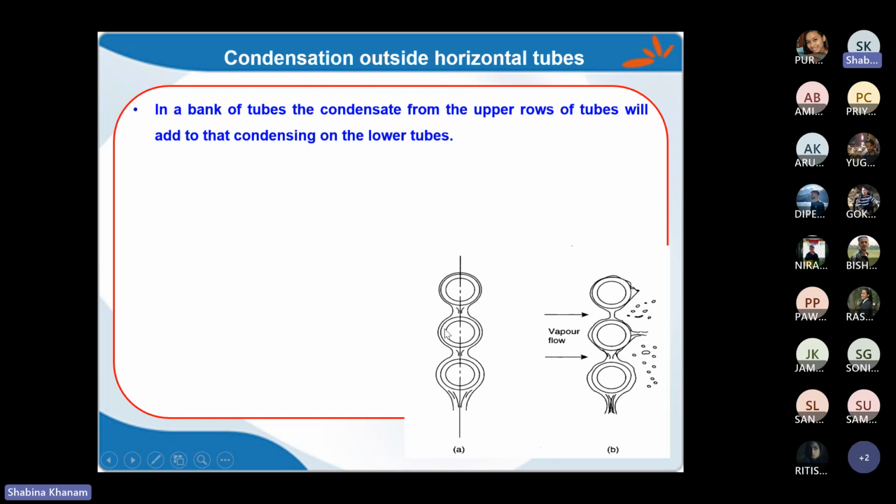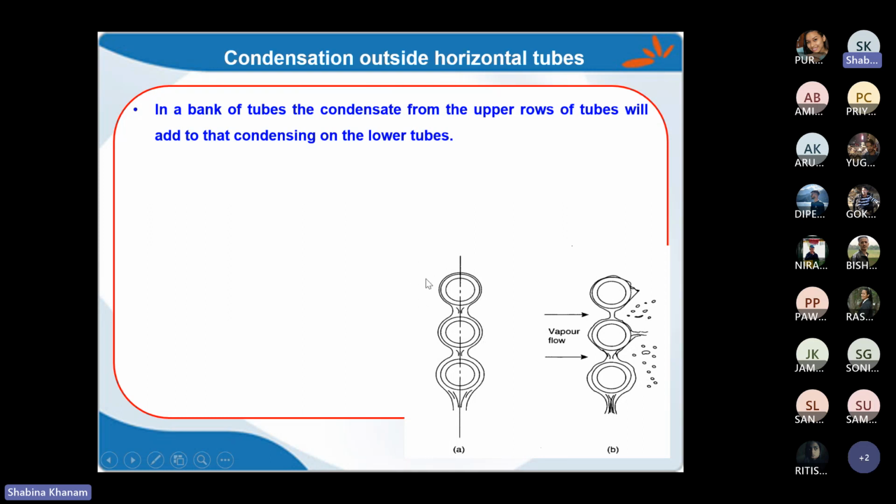It's not like it will occur only at the top of the tube and move down. The condensation will occur in all tubes, but as condensate is formed, it will keep on moving towards the bottom. So as you proceed towards the bottom, the film thickness of condensate over the tube will keep on increasing, as you can observe over here.